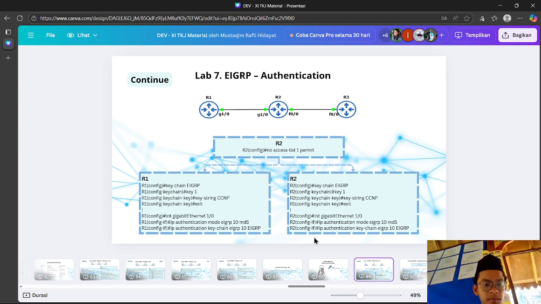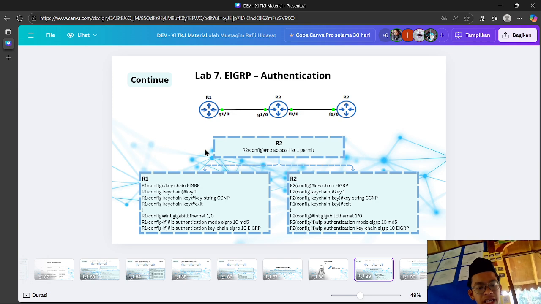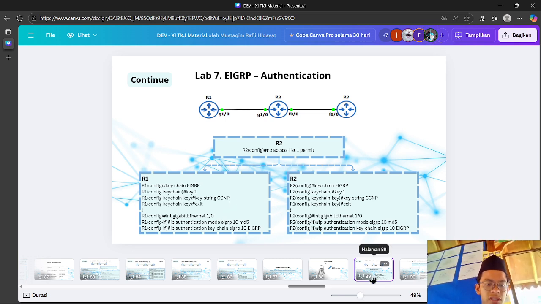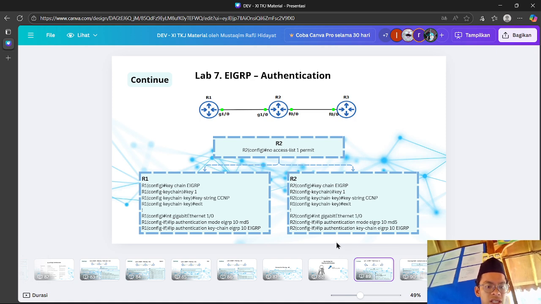Then exit, then interface GigabitEthernet 1/0: ip authentication mode eigrp 10 md5, and ip authentication key-chain eigrp 10 EIGRP.